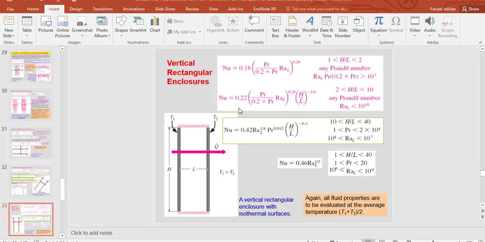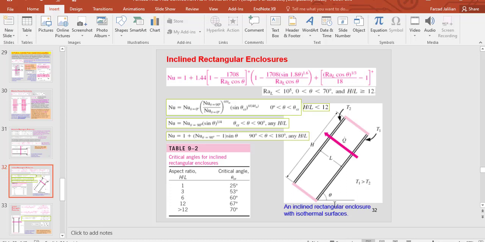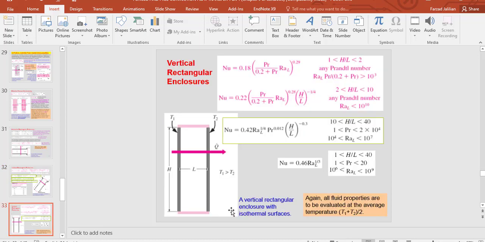find the Nusselt number. So as you can see, this is also a Nusselt number for when theta is 90 degrees. If you remember in this slide, theta is this angle. So when it is 90 degrees, it means a vertical rectangular enclosure.